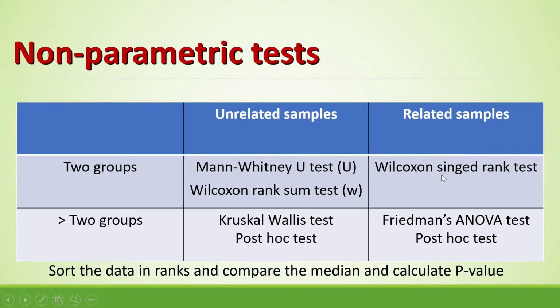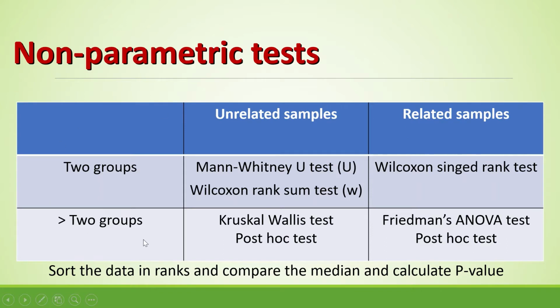However, if your data comes in groups and these groups are related, they are paired, and you have two groups or two samples, then the Wilcoxon signed rank test is the one to use to compare those two groups.